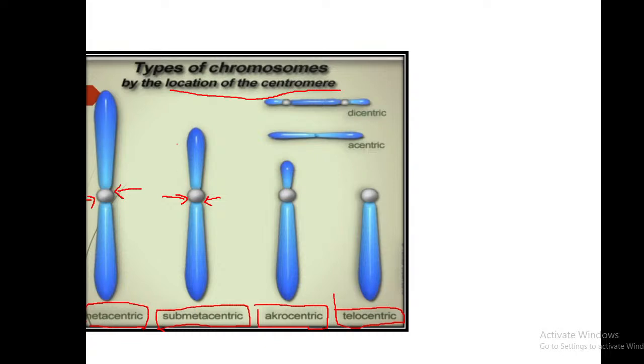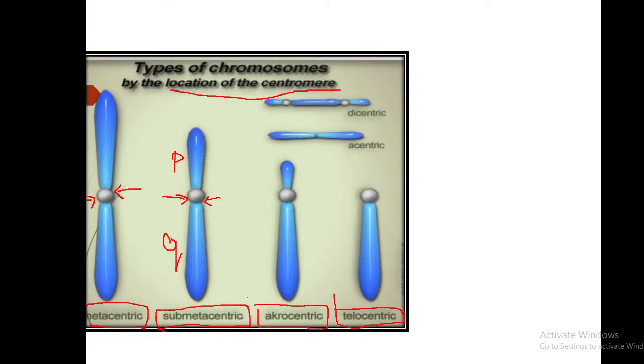The different sizes, length is different. In a submetacentric chromosome you can see a P arm and a Q arm clearly. So submetacentric means the location of the centromere will be slightly away from the center towards the end of the chromosome.